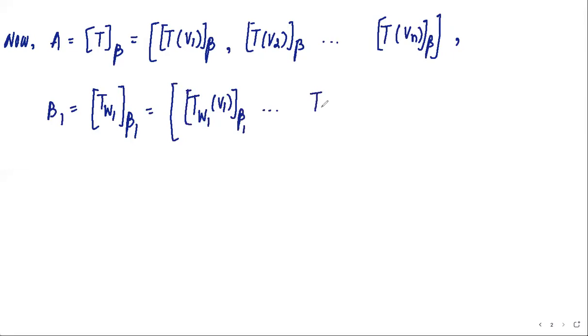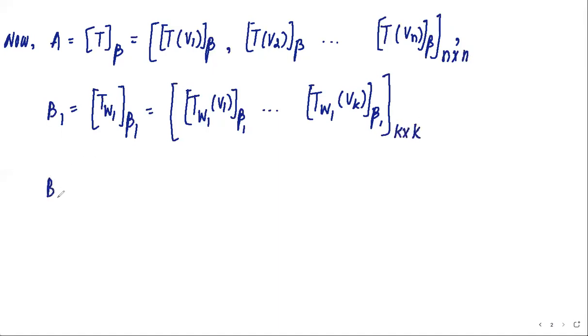And similarly, the last column is the coordinate vector of T_W1(vk) relative to the basis beta 1. So in fact, we can see that A is an n cross n matrix and B1 is a k cross k matrix.